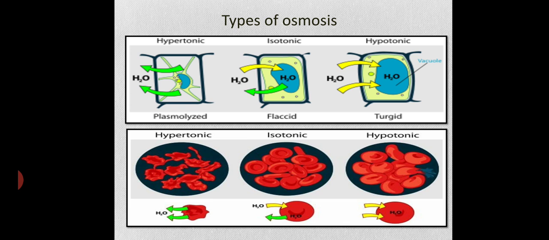The example of such hypotonic solution or endosmosis is raisins, kishmish, kept in water. After some time they swell. You have seen that if you keep raisins in water, they take in the water and they swell. So these are the three possibilities of solutions.